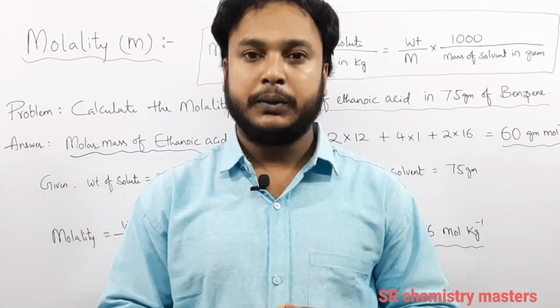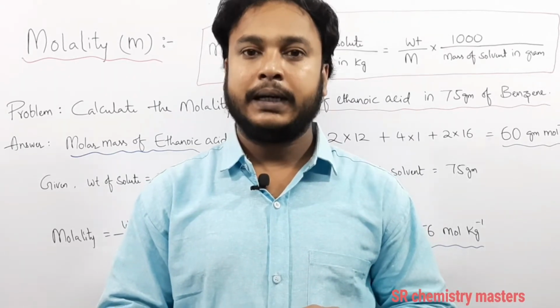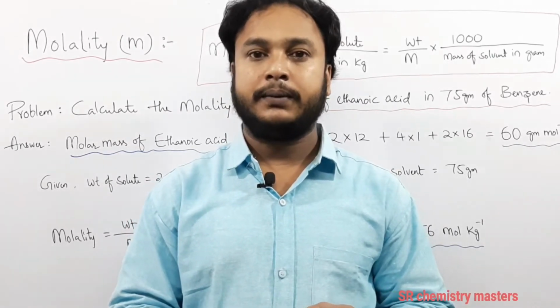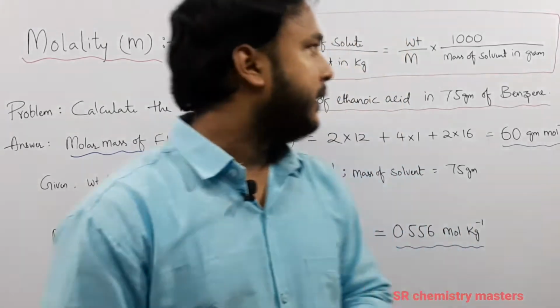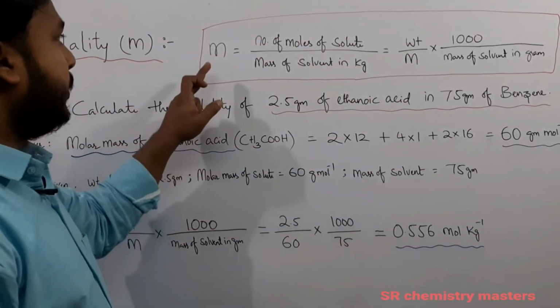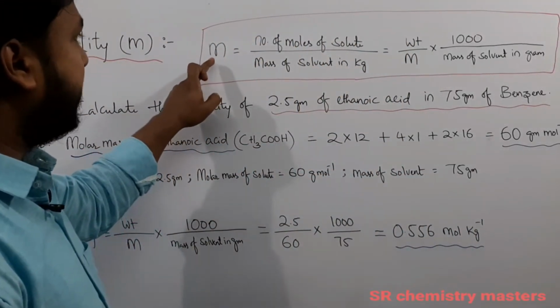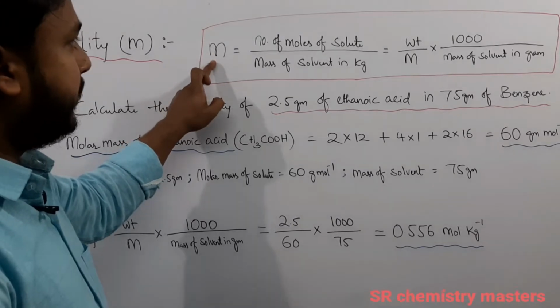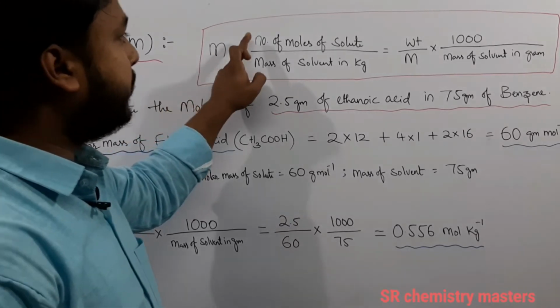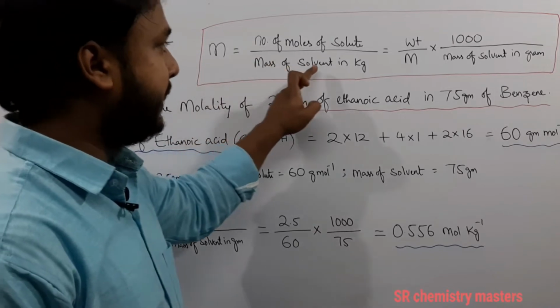Let us see one more formula which we are going to use when the mass of the solvent is given in terms of grams. As we know, molality is denoted by small m. It is equal to the number of moles of solute by mass of the solvent in kg.